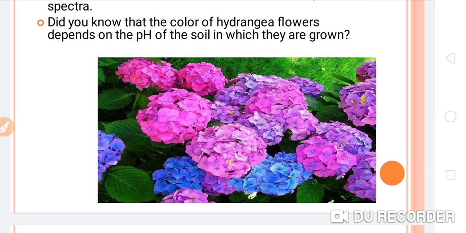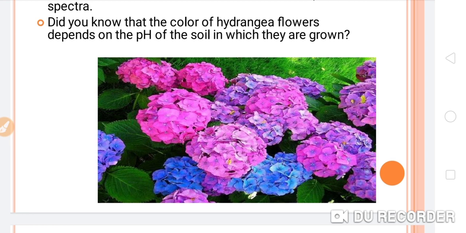So if in your backyard there is acidic soil and you plant a hydrangea, you will find its flowers will be blue. Means in acidic soil this hydrangea plant will carry blue flowers. And if your backyard soil pH is above 7, that is a basic soil, in that kind of soil you will find pink flowers.